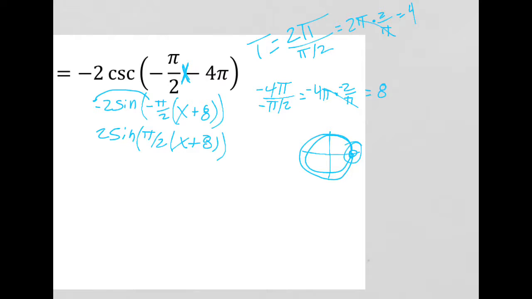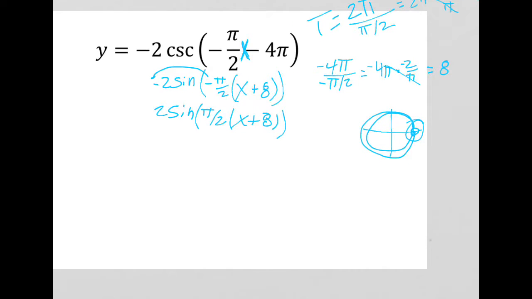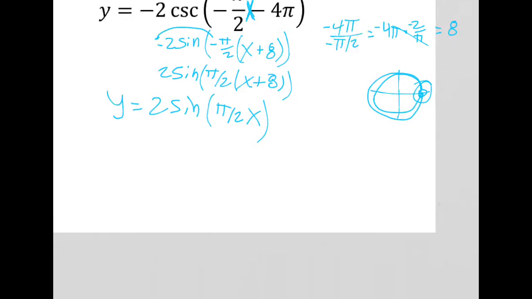So adding or subtracting multiples of a period does not change your graph. And so it doesn't do anything, which means this function is actually y equals 2 sine of pi over 2 times x. It sounded like I was saying something else, but pi over 2 x. Because the phase shift does not affect it because it is an entire period.